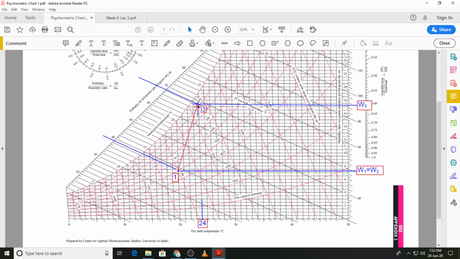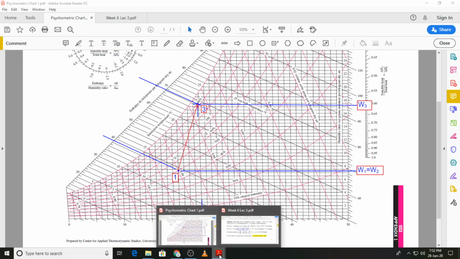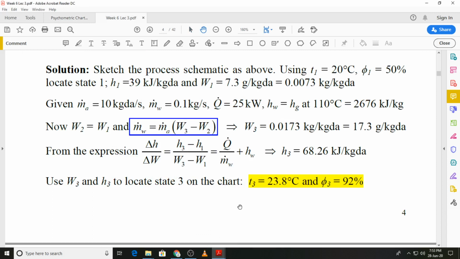Once we have located state 3, then we can read the relative humidity and the dry bulb temperature. You can see the relative humidity is slightly above the 90% relative humidity line, that is around 92%, and the dry bulb temperature is slightly less than 24 degrees, around 23.8 degrees, and these are the values that I have finally given as the answer.